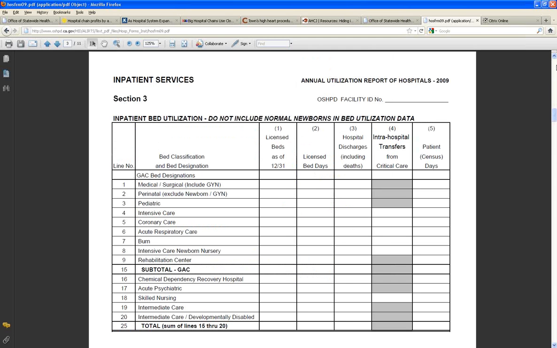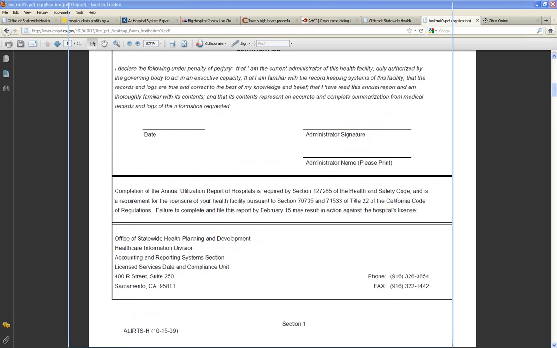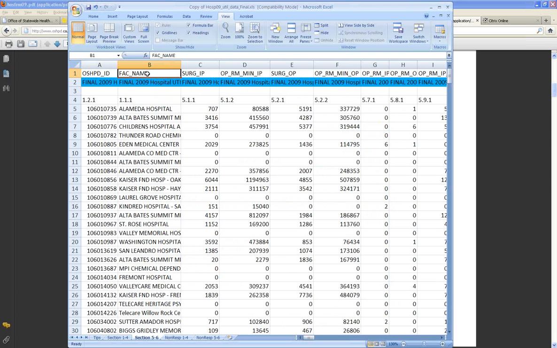So if you go back to the spreadsheet, you'll see, for instance, the facility name relates to section 1, question 1.1, if that makes sense to you. And this relates to section 5, 1.1. So right now I'm not having you do any detailed analysis, but rather just getting a lay of the land for what's in these different databases.